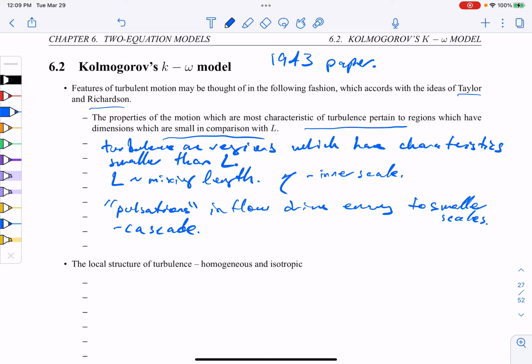And one view that he held strongly, which I think he corrected maybe 15 to 20 years later in his life, due to experiments and other researchers in the theory part of the world, was that this dissipation, or frequency of the small scales, if you will, happens and depends only on small scales, eta.